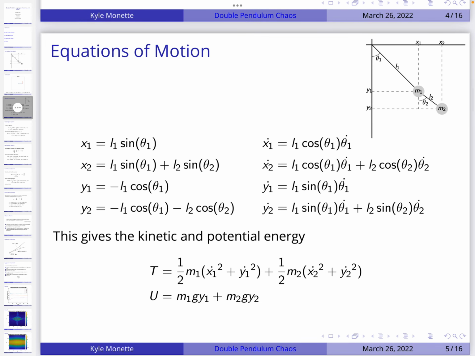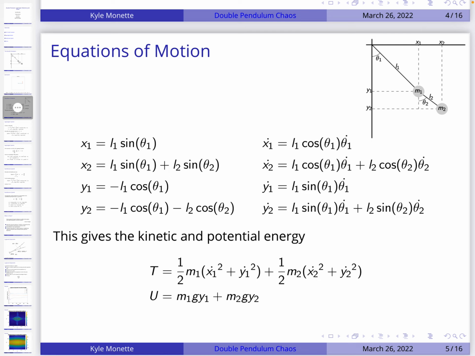So to get the differential equations, we need to first solve for the equations of motion, trigonometrically speaking. And then we need to differentiate this because our differential equation is going to be in terms of theta and its derivatives, and not the Cartesian coordinates x and y.